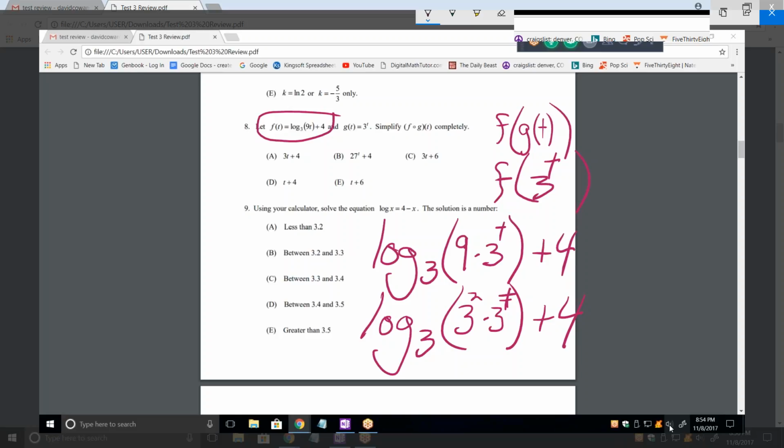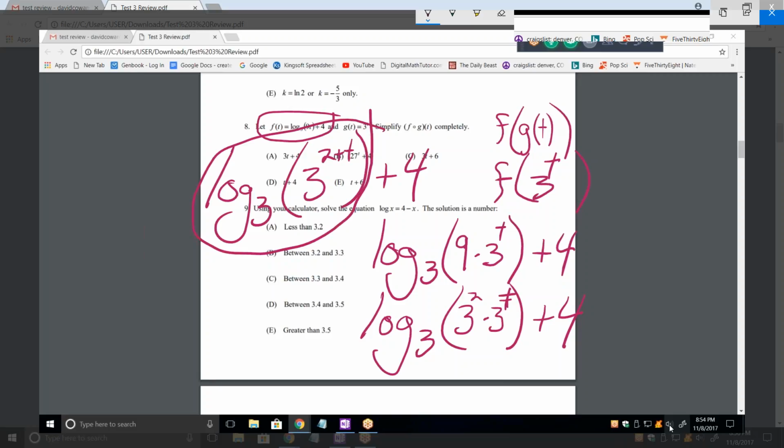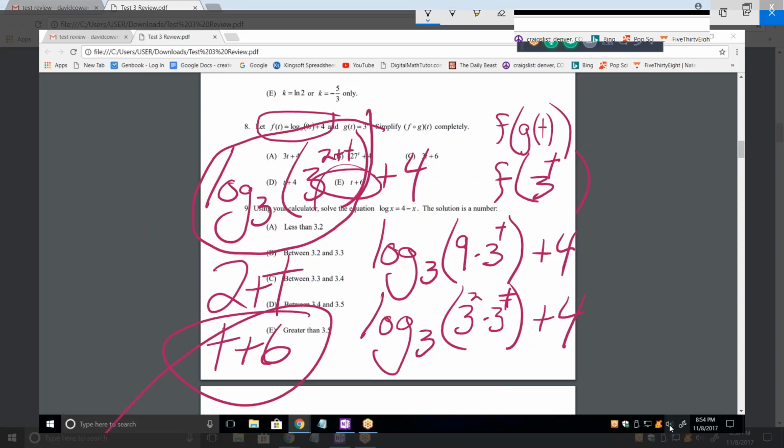Yeah, so now this becomes log base 3 of 3 to the 2 plus t, plus 4. And now what does that whole thing become? Just 2 plus t. 2 plus t plus 4, that's t plus 6. Okay? See how I got t plus 6?